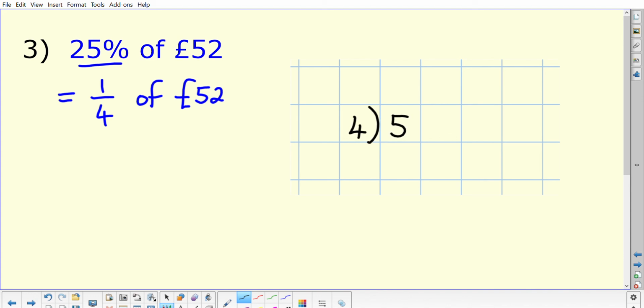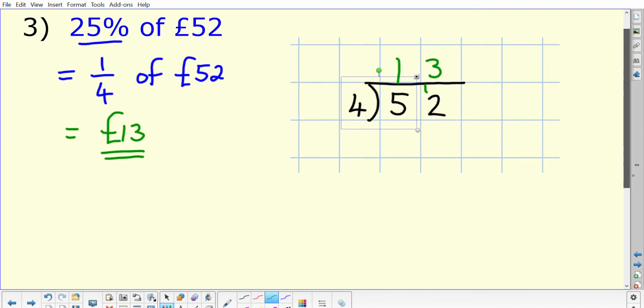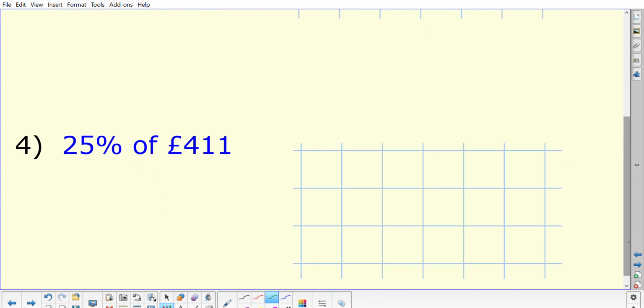So we're doing 4 into £52, and we're going to have 4 into 5 goes 1, remainder 1, 4 into 12 is 3. So that tells me that 25% of £52 is £13, and I can find that out by dividing by 4.